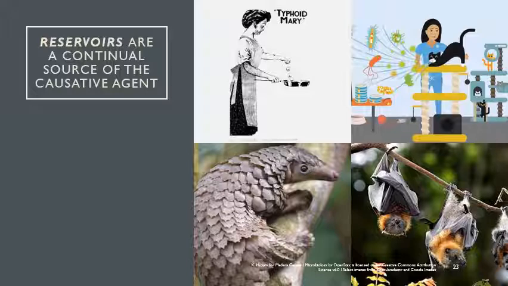Different animals can be reservoirs, animals that we cohabitate with or animals that we get exposed to or eat. With the current COVID-19 case, it was thought that the pangolin, which is that cute little guy on the bottom left, and the different bats, like those cute little flying foxes over there, are reservoirs of COVID-19.